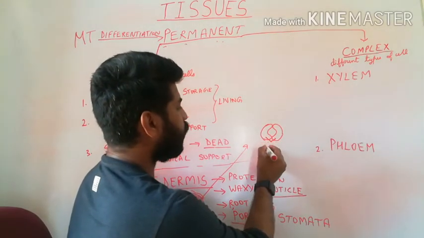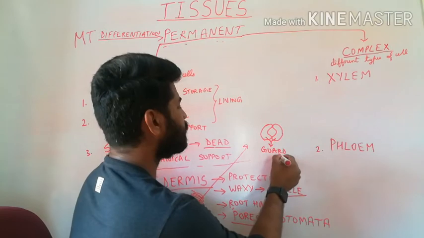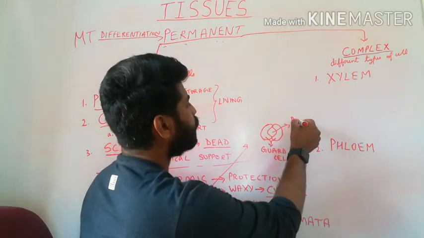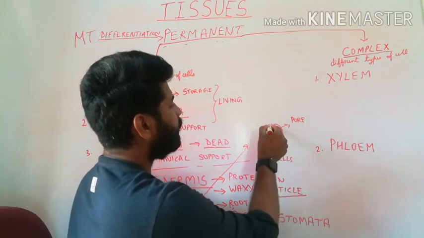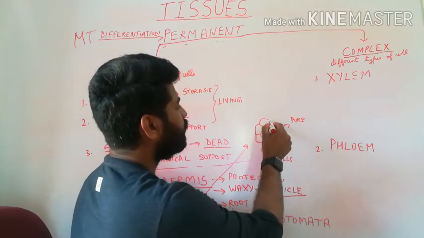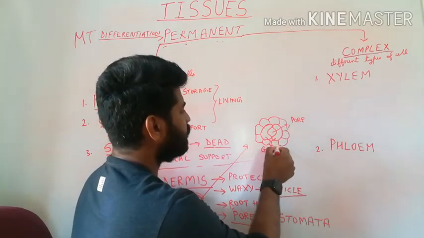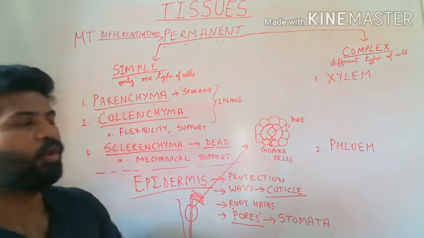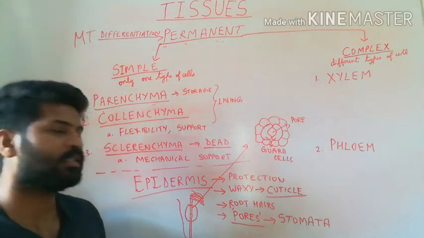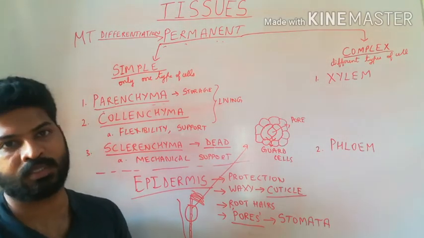These are called as the guard cells, and this is the pore opening, and these kidney-shaped cells are surrounded by the epidermal cells. So this entire structure is called as the stomata, which is present on the outer surface of the leaf stems and sometimes in roots.